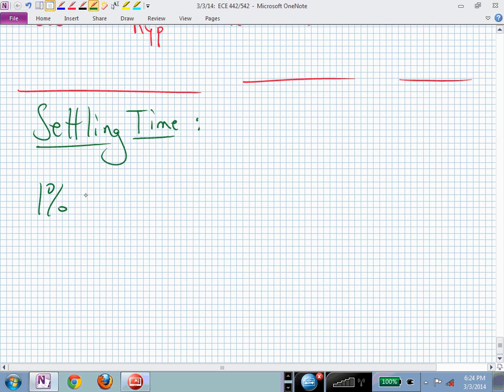Now I'm saying that's approximately 5 time constants, meaning if we had a mode that was e to the minus t over tau, a 1% settling time we're approximating with e to the minus 5 tau over tau. If you compute e to the minus 5, that's going to be a number less than 0.01. It's going to be like 0.006 or something. But that's what we're going to agree is okay for a 1% settling time.